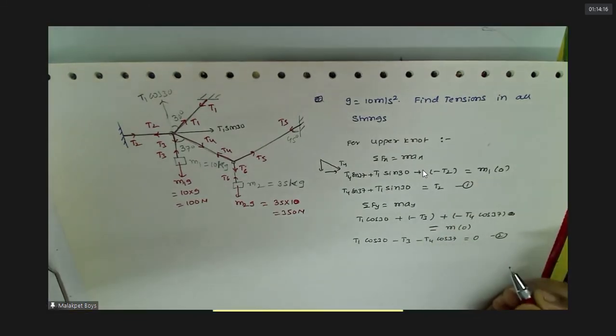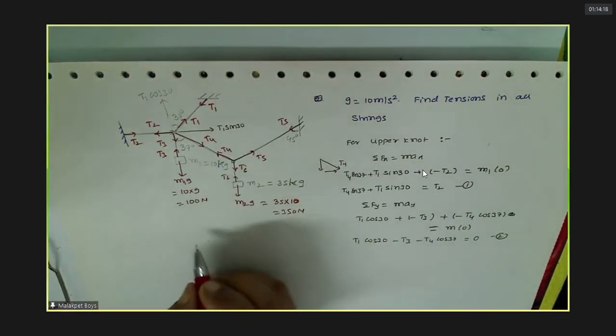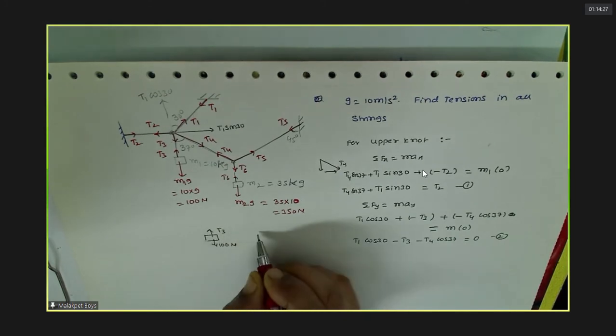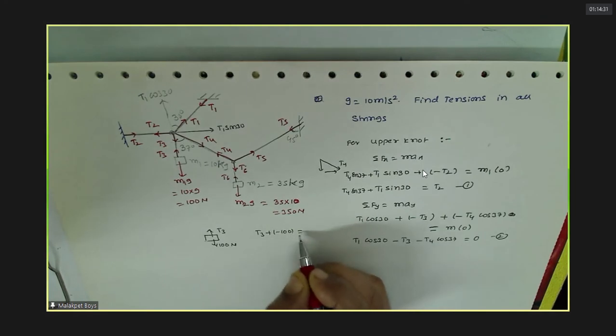Second equation. Next, come back to this. This is mg. This is T3. So here T3 plus minus 100 is m1 times zero. There is no acceleration.